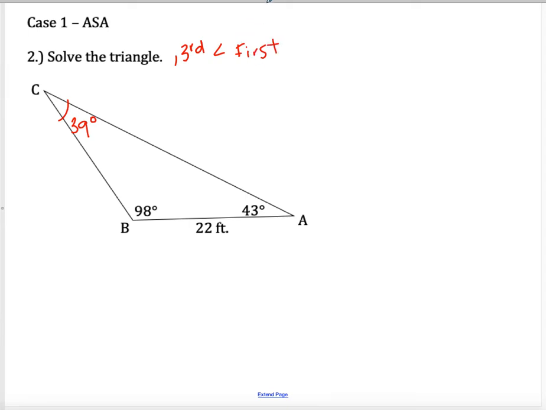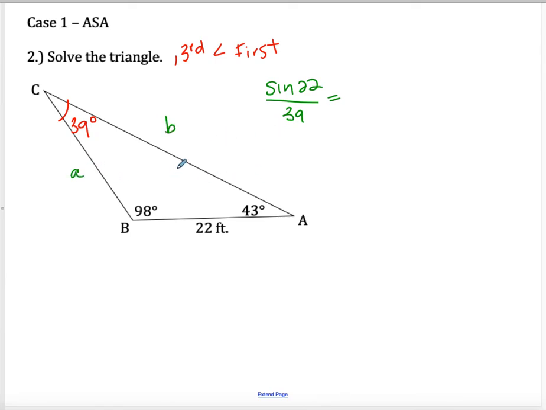Now I have two parts that are opposite from each other. So I can write that the sine of 22 divided by the sine of 39 equals, do we want to find B or A first?